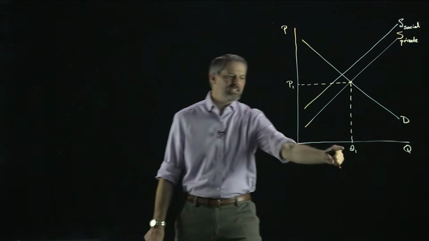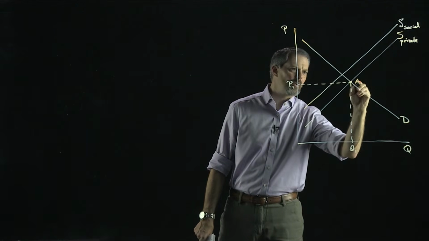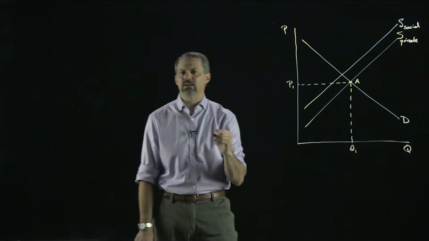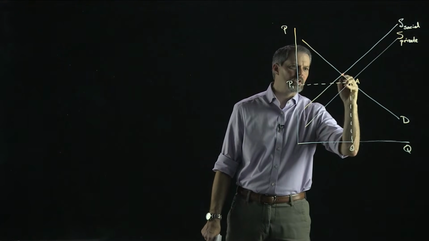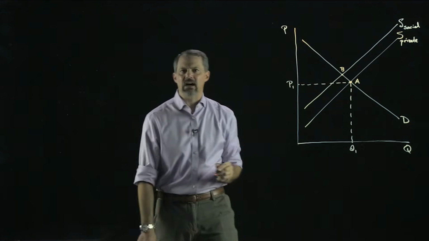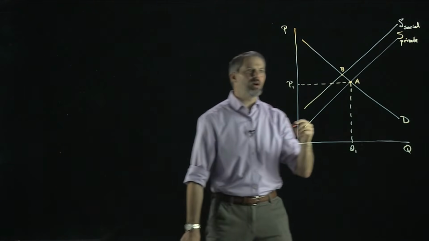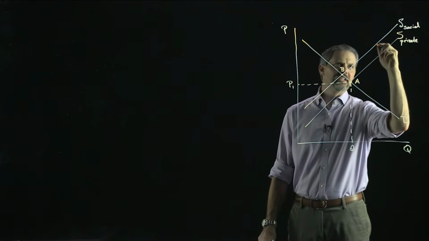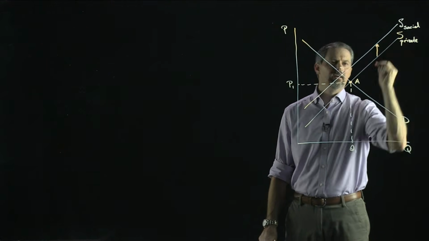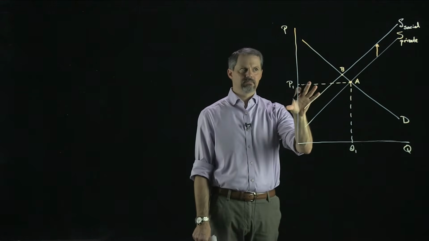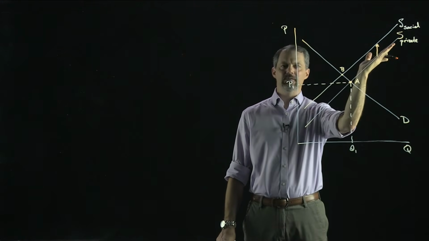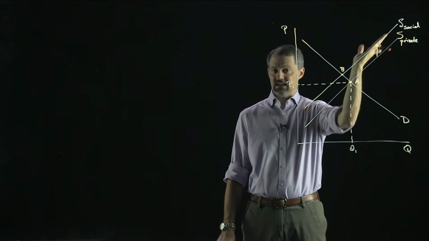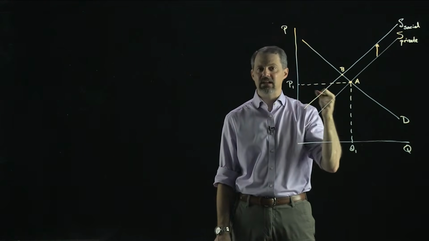But if we're sitting here at this point, let's call it point A, and we wanted to get to this outcome, which we would call point B, that's the efficient outcome, then if we imposed a tax of this vertical distance on the sellers, that would shift the supply curve up by the amount of the tax, which in this case is equal to the external cost.